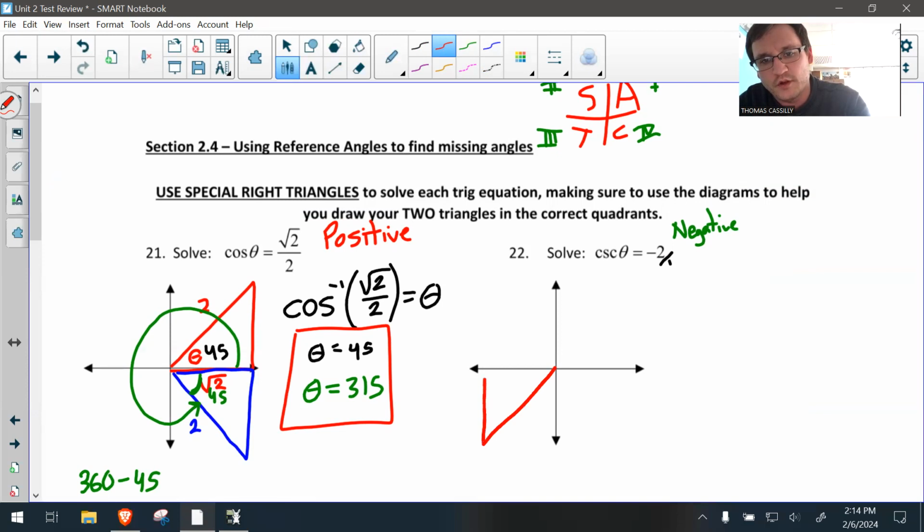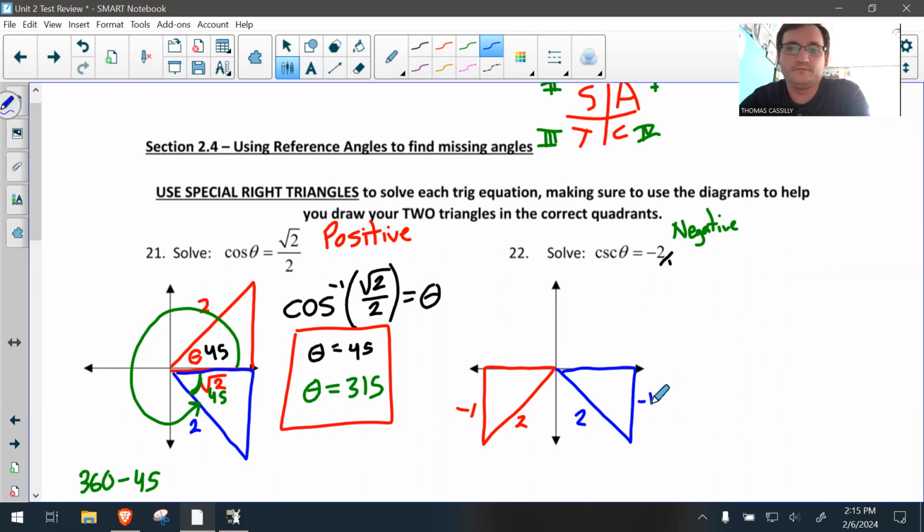All right. So here's one triangle. So think, what does cosecant go with? Cosecant goes with the hypotenuse over the opposite. Right. So we know there's going to be another one somewhere over here. All right, so we have a 2, and then we have another -1.